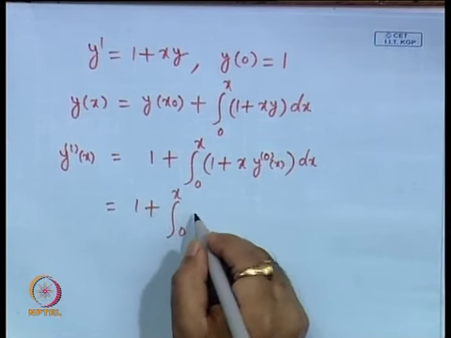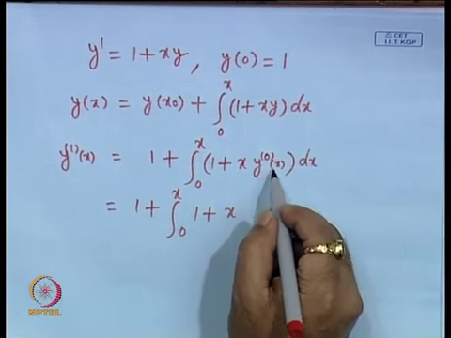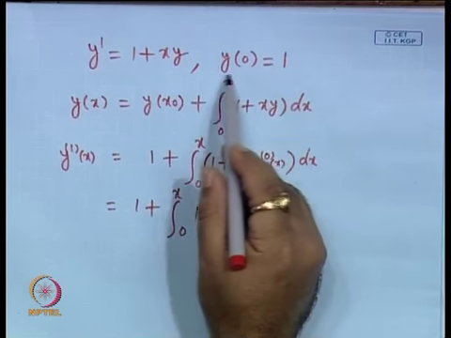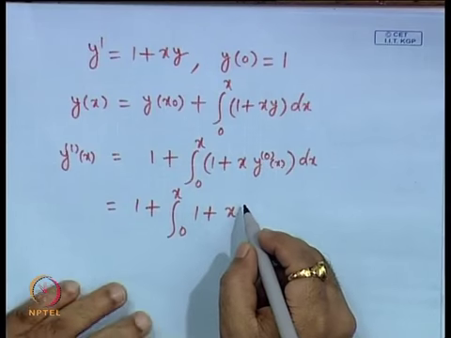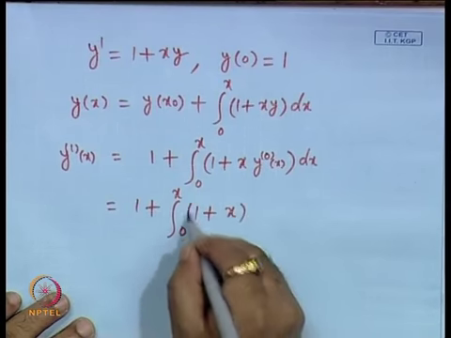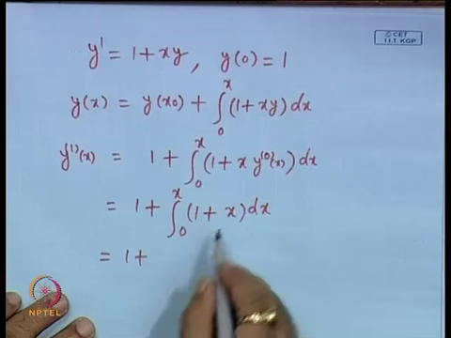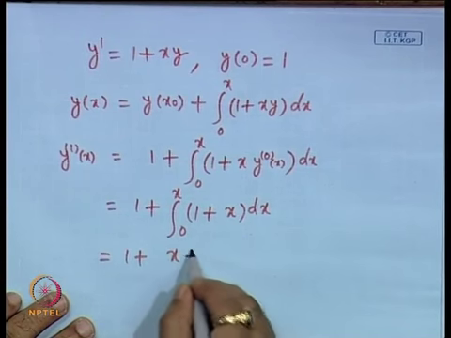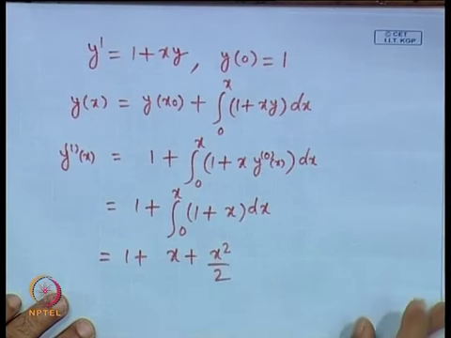What is our y 0 of x? We have to consider the given initial condition as the initial approximation. So, therefore, this is 1. So, this is 1 plus integral 0 to x of 1 plus x. Okay. So, this is our y 1.